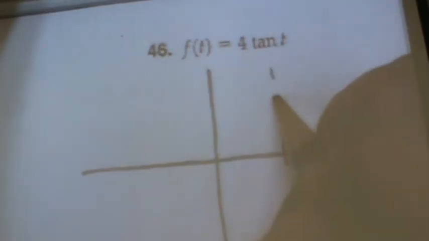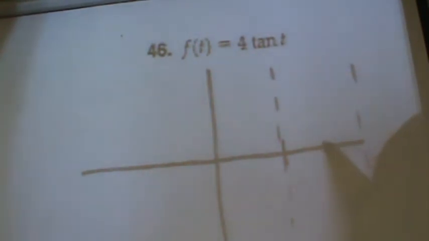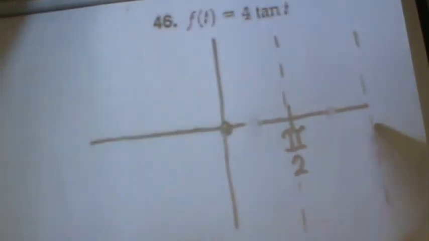Okay, we can graph this one. So, here's our graph. Up 4, down 4. Let's do our asymptotes. So we're going to put our zeros in. Here's our 0. So this is pi over 2. This is 3 pi over 2. And we have negative pi over 2.